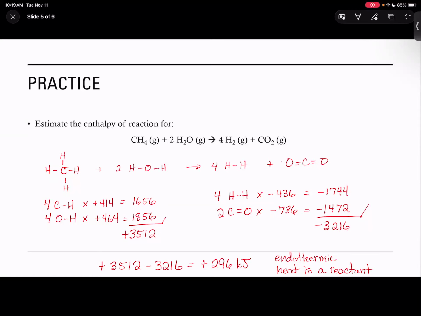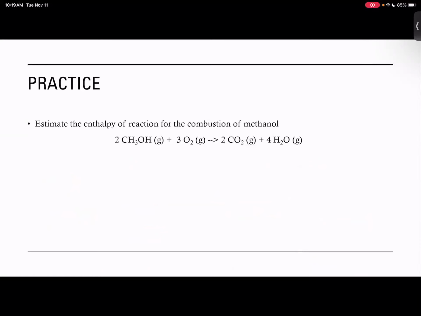Okay, let's look at one more example. Here we have methanol reacting with oxygen to form carbon dioxide and water.